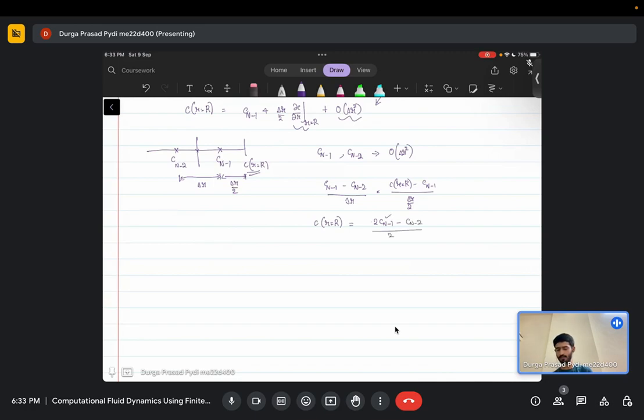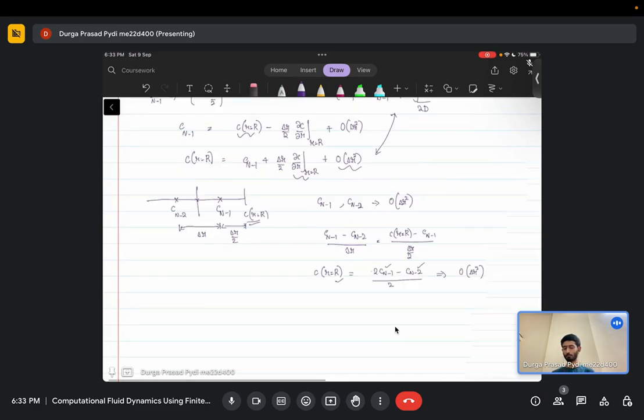Since both of these are second order accurate, this will also be of second order accuracy. So this is another way to calculate your surface value. You can come up with different combinations, and the only difference is that both are second order accurate.